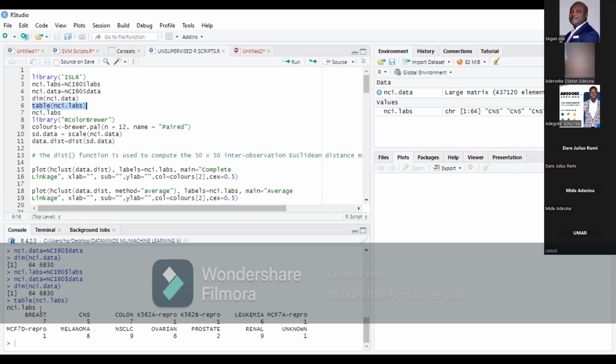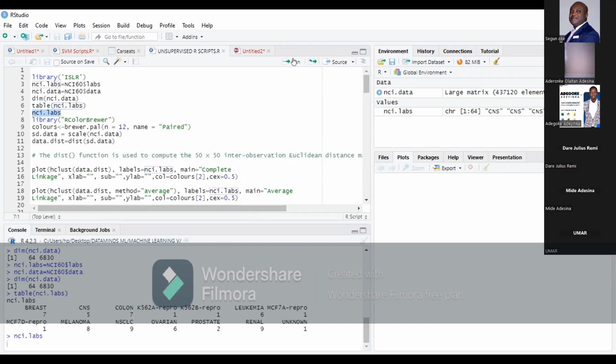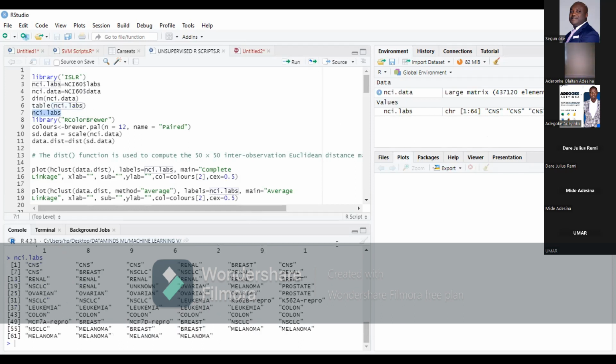Different types of cancer. We have breast cancer, CNS, colon cancer, leukemia, renal, ovarian, and so many others. So we can see what it looks like. 1, 2, 3 is about CNS, renal, breast, CNS, like that.